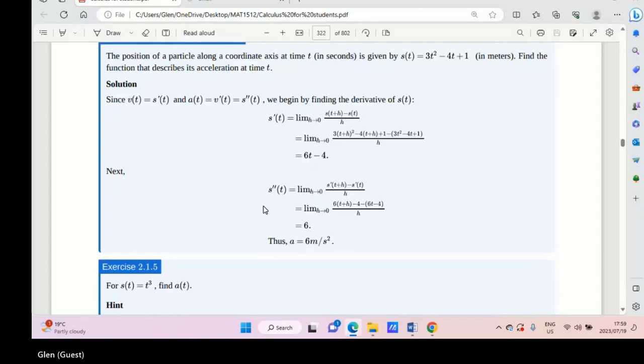Is this making sense before I waste your time? Sir, it's not making sense. It's not making sense to me too. Is this a speed and acceleration question?